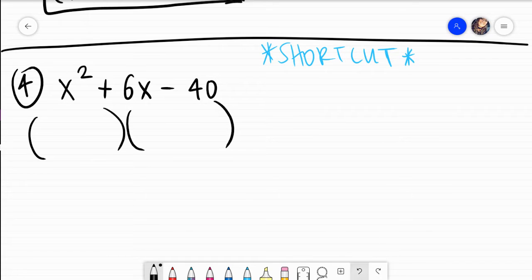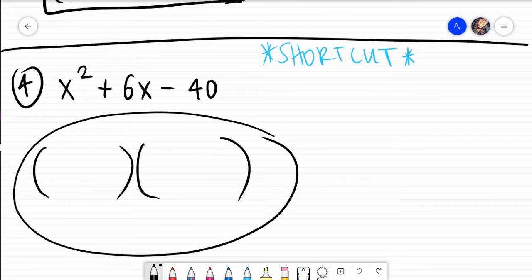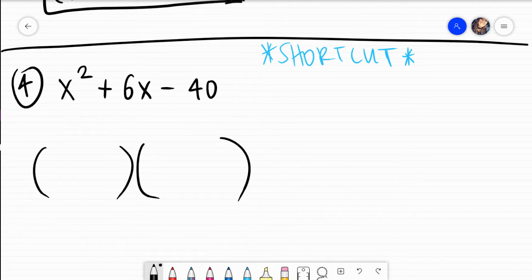Let me move these down just a tad. I also know that once I factor a trinomial, if I wanted to check myself, I could go back and FOIL. You can multiply the 2 binomials together. If you get back to the original trinomial, then your multiplication was correct, which means your factors are correct.